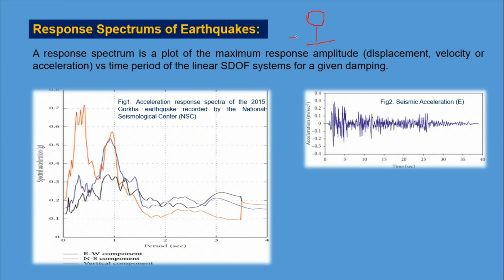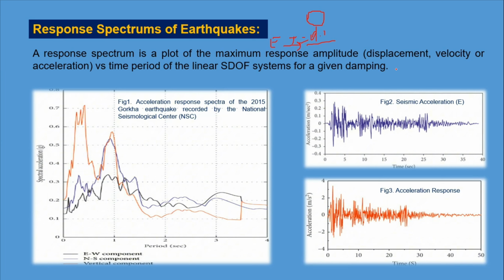Let us consider its time period is 0.1, and if we apply this earthquake to this single degree of freedom system, then we will get a response, right? We will get an acceleration response. From the graph we can see that this is the maximum acceleration. Let it be Amax.